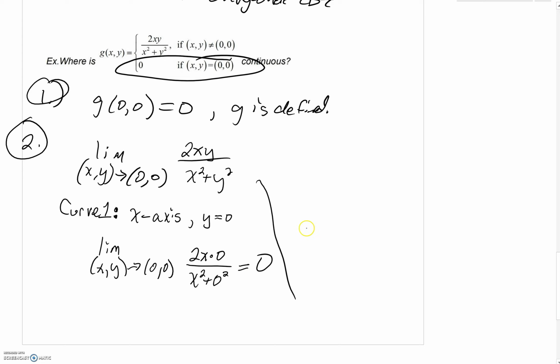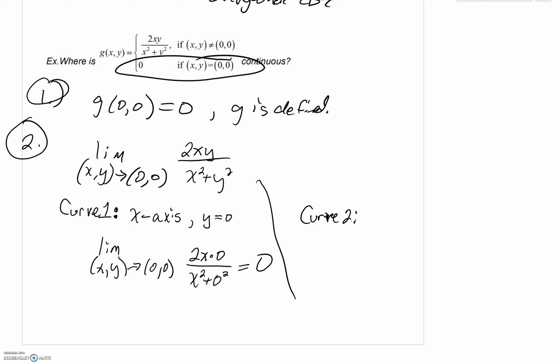For curve 2, once we work this out, we'll think, well, should I let the y-axis be the other curve? You can see that you'd get the same thing that you did in our first curve. It's just that our variables would be switched.